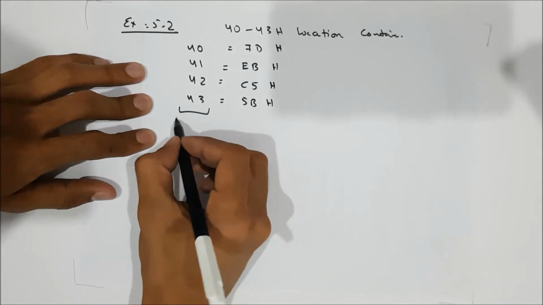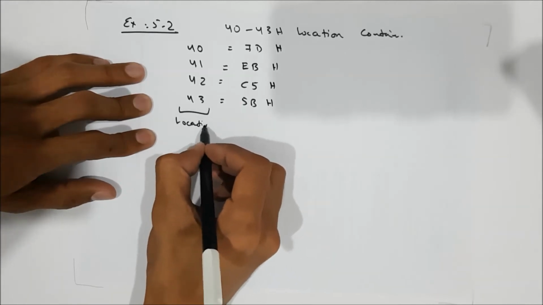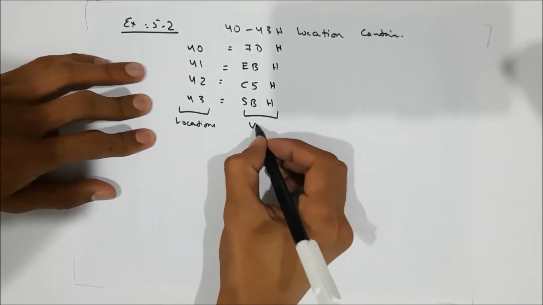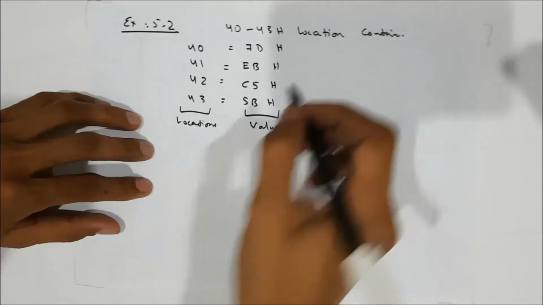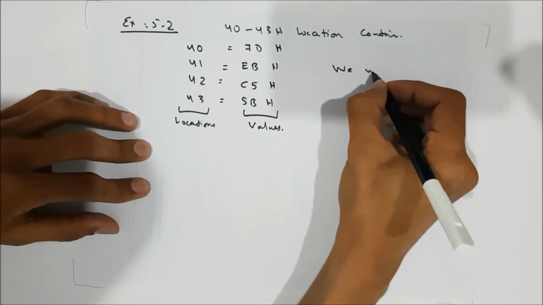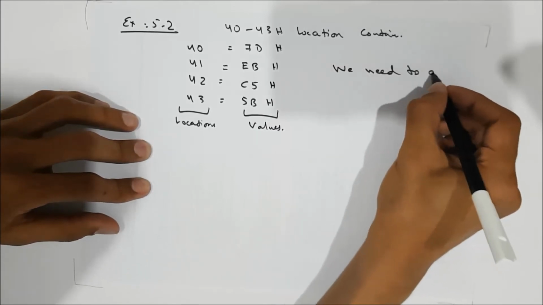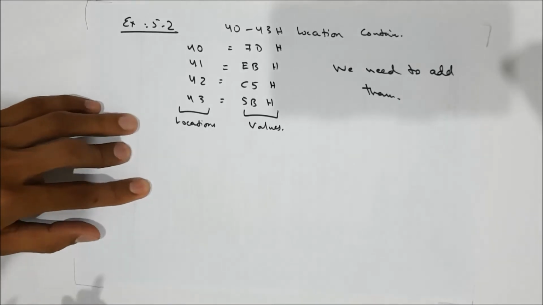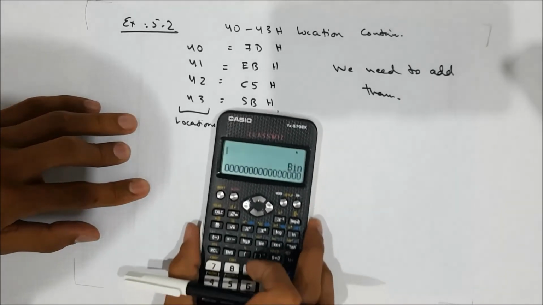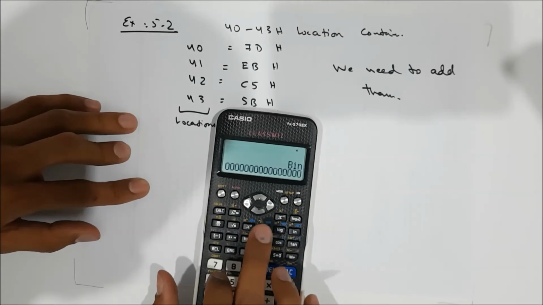So these locations contain these values, and what we need to do is add them. So let's add them here.